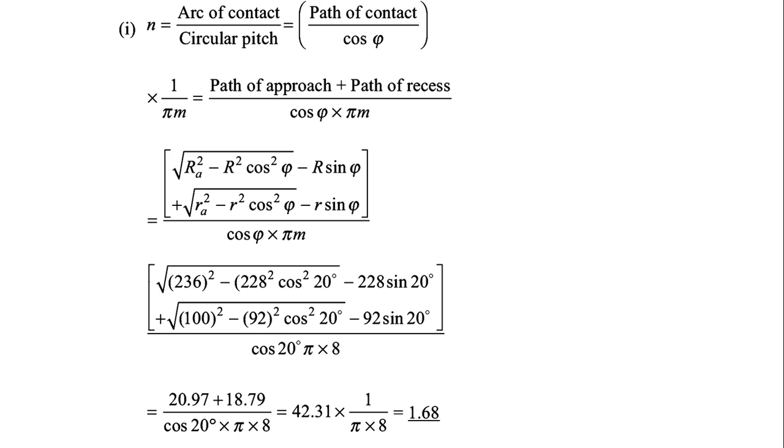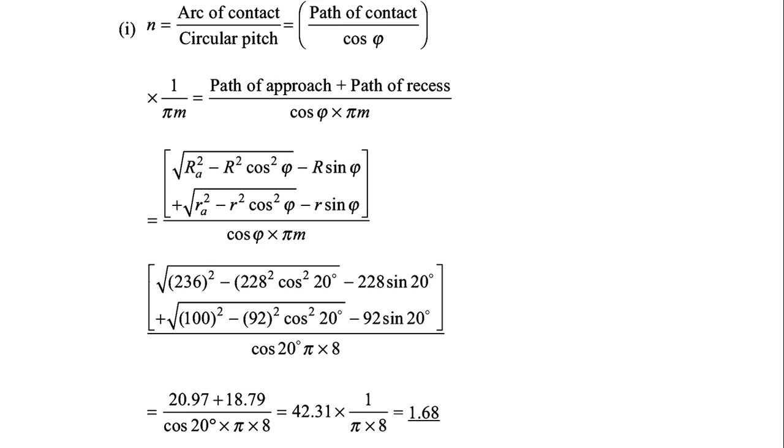Okay. So next, if you want to calculate the contact ratio, it is nothing but arc of contact divided by circular pitch. That will be nothing but path of contact divided by cos phi, into 1 by pi m, that is the circular pitch here, and path of contact is nothing but path of approach plus path of recess.